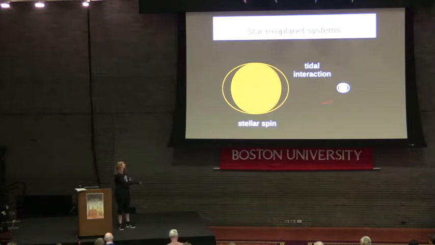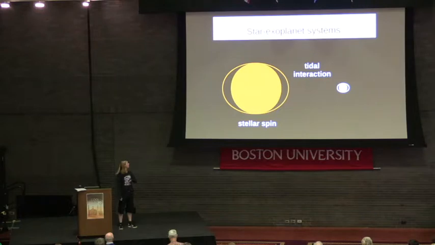For example, if this thing is in a very fast orbit and the host star is not rotating quite so fast at the moment, we can expect some effects on the stellar spin. And as we have heard in many, many talks already at this meeting, the stellar spin causes a lot of things to change, basically the magnetic activity level and all sorts of observables that are associated with that.